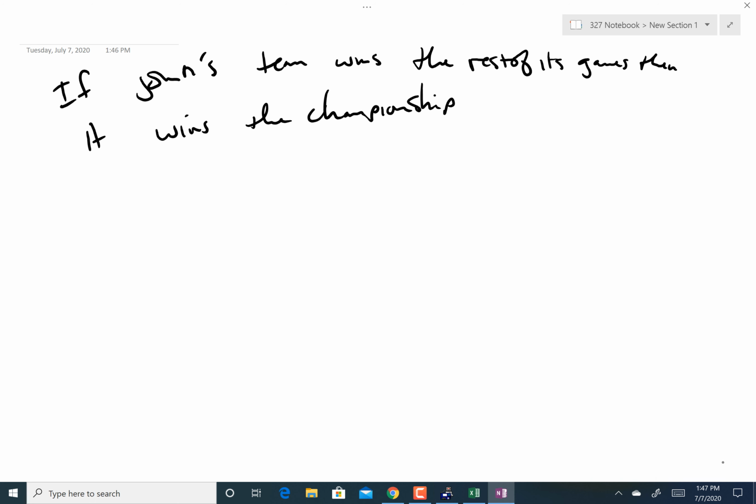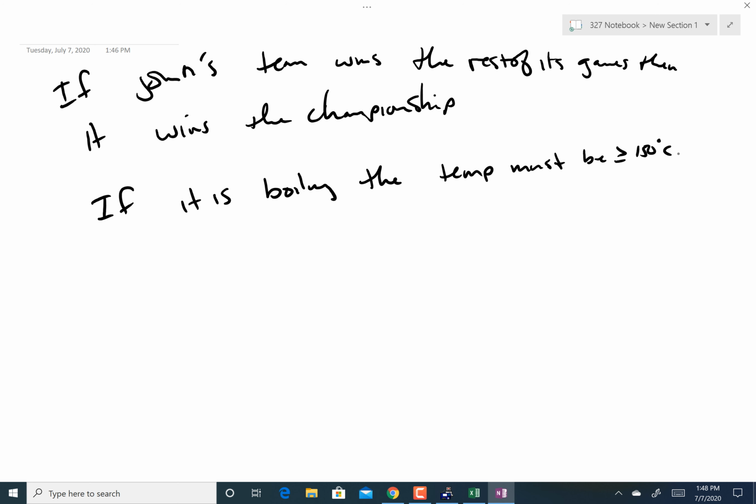Hey, let's do another, shall we? How about 46 here? If the compound X is boiling, the temperature must be at least 150 degrees C. Assuming this statement is true, which of these also must be true? Okay, so check this out. If it is boiling, then the temperature must be at least 150 degrees C. Okay, clearly it's not water.